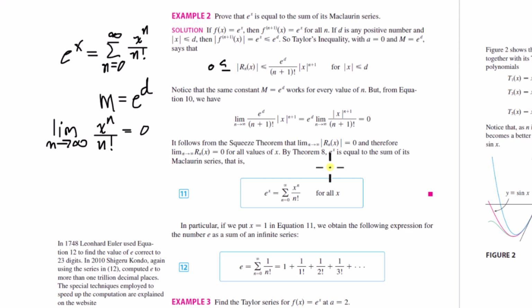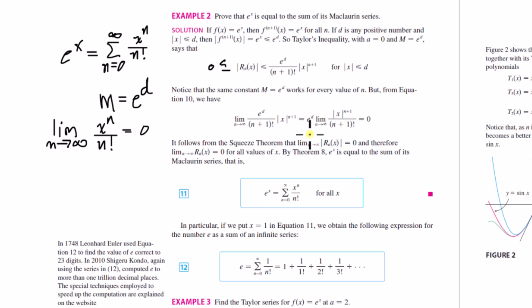Okay, and so that means that e to the x is equal to the sum of its Maclaurin series. You've proven that e to the x is equal to this for all x. You've officially proven it. Now, you might be a little confused thinking, well, what about the d here? If d goes to infinity, you end up with kind of an infinity times 0, which is indeterminate.